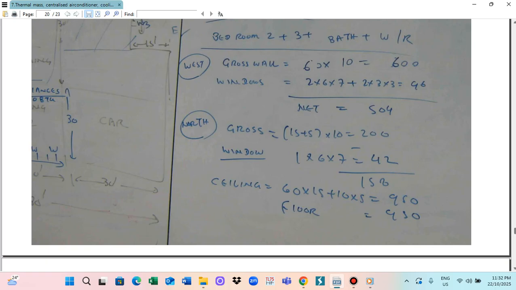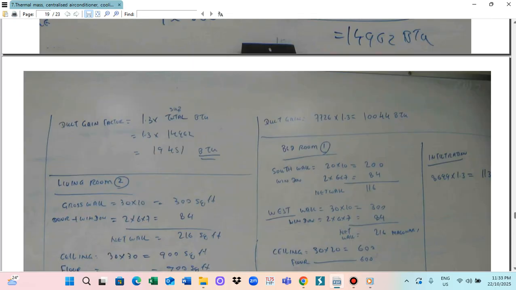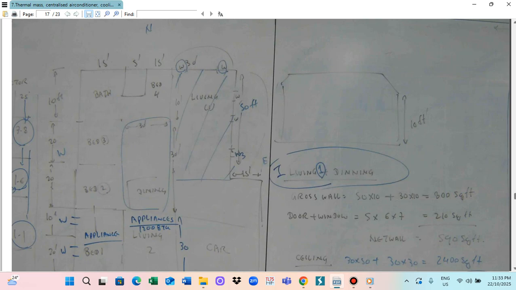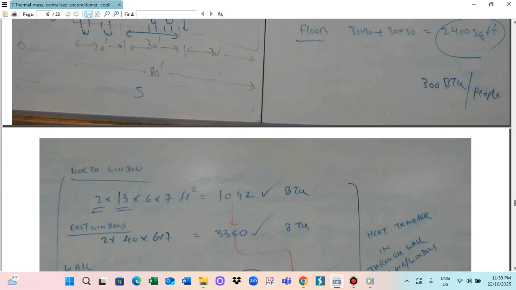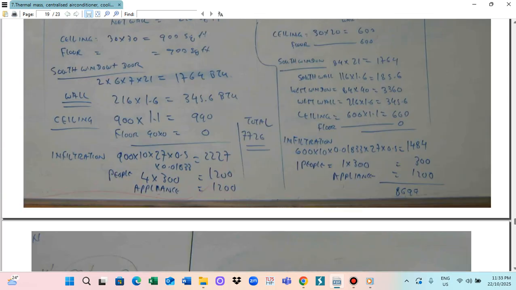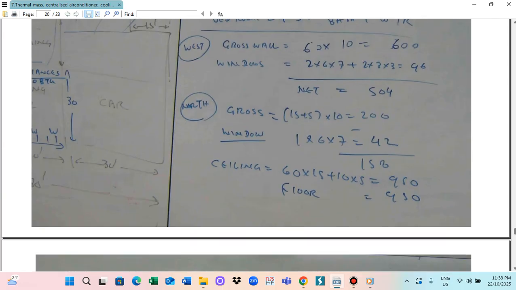So now window is only one window. So this is a one no window. One no window is only here we put here. So that will be 1 multiply, multiply 7. So that will be the 42. So you subtract, so the 158.